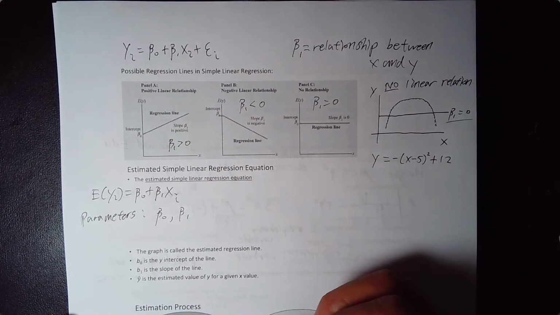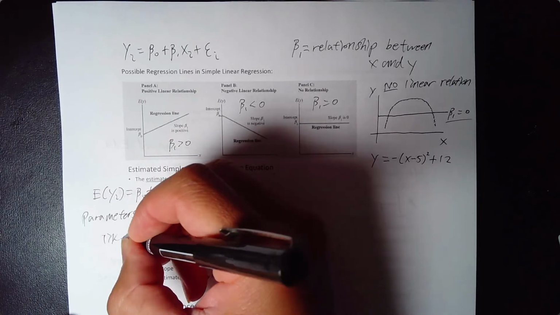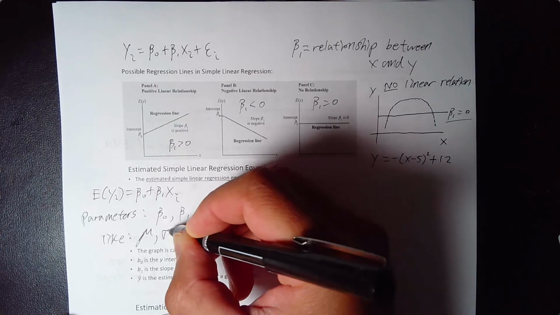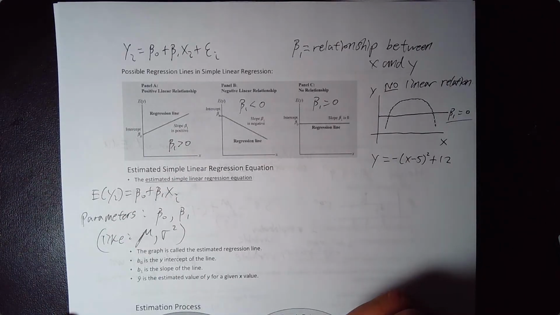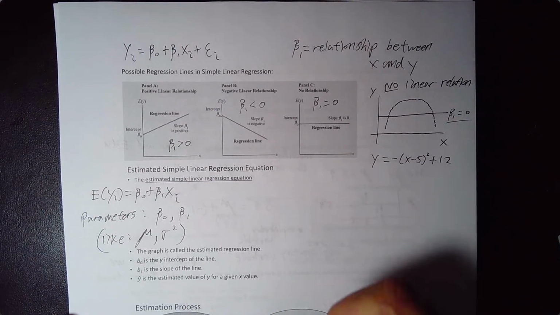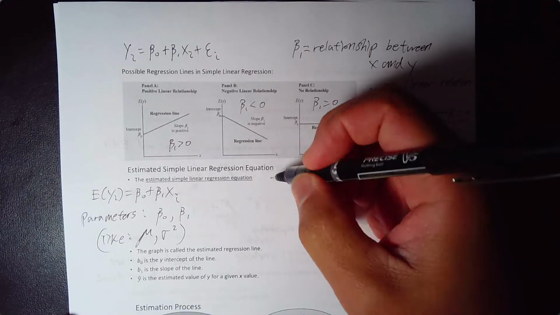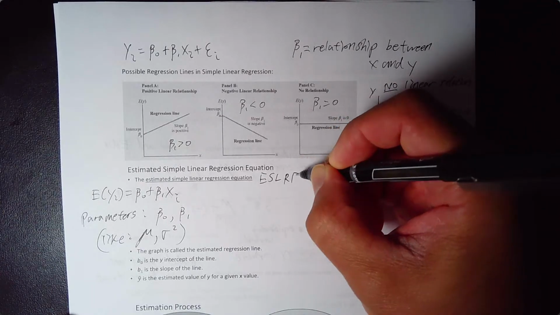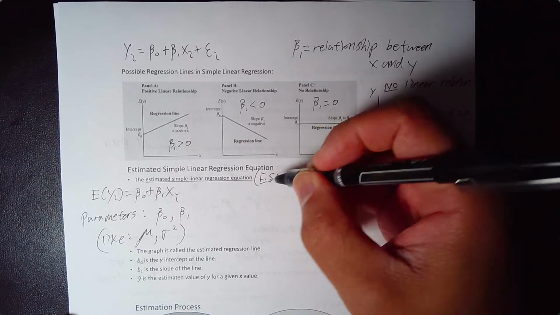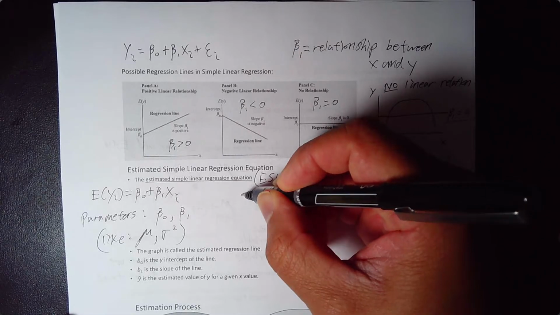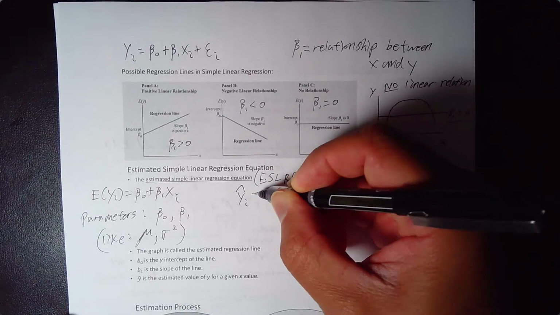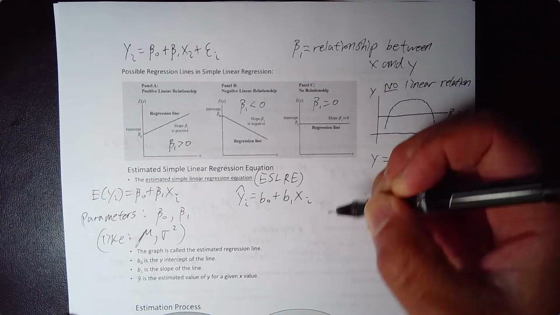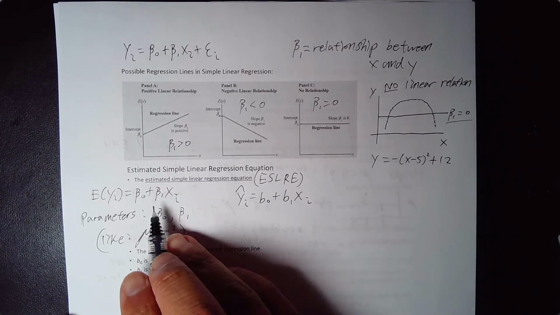Just like before, when we're estimating mu or sigma squared, it's basically the same idea. So our estimated simple linear regression equation, or we'll call it ESLRE for short, is going to be y hat i equals b0 plus b1 x i, and this would be an estimate of this equation.